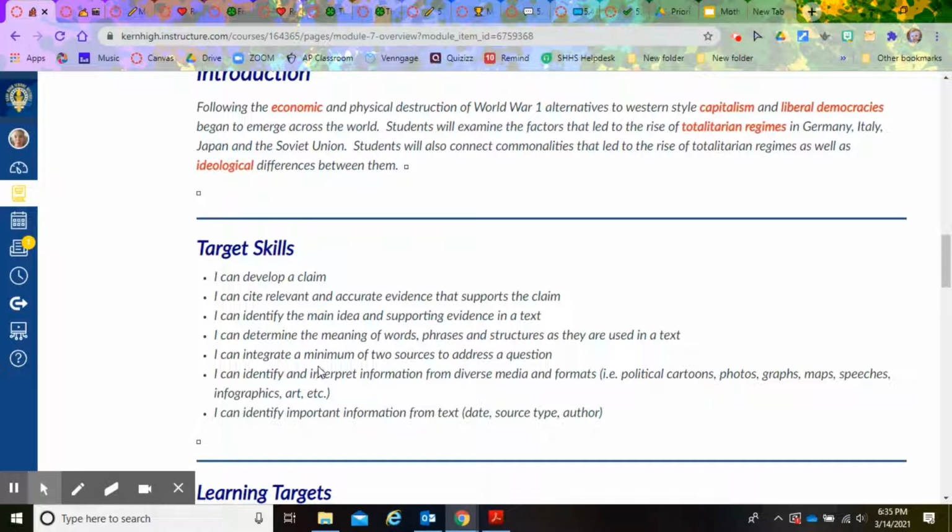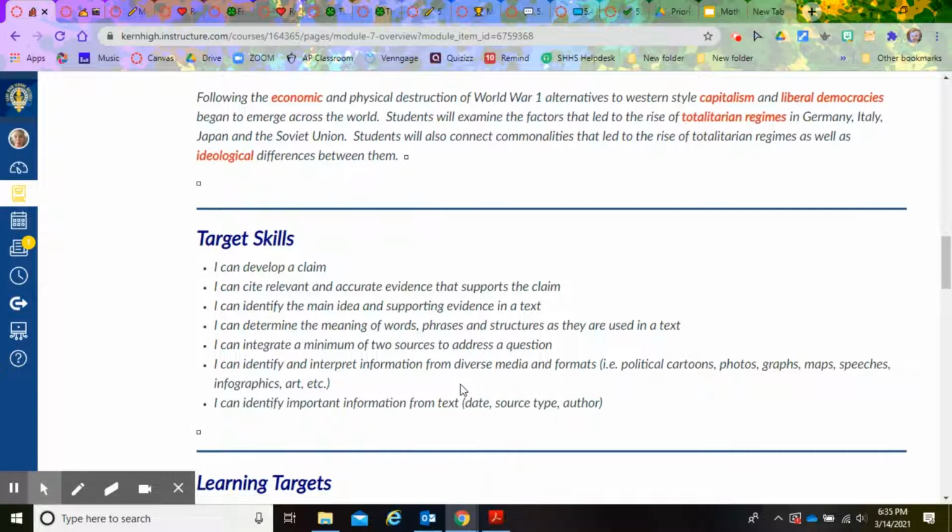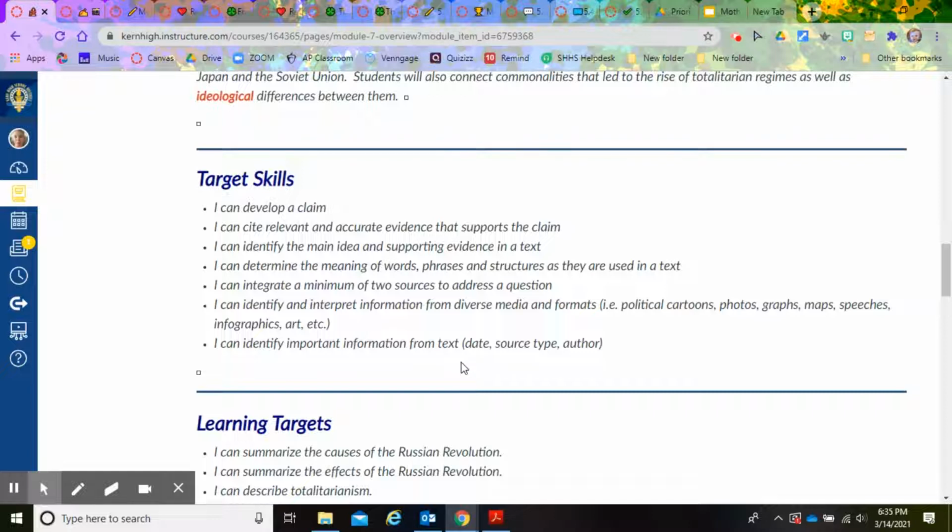So, using at least 2 sources to back up your claim, and identifying information from different places like political cartoons, photographs, maps, speeches, and so on, and identifying important information from a text. So, figuring out why it was written, who it was written for, that sort of stuff.